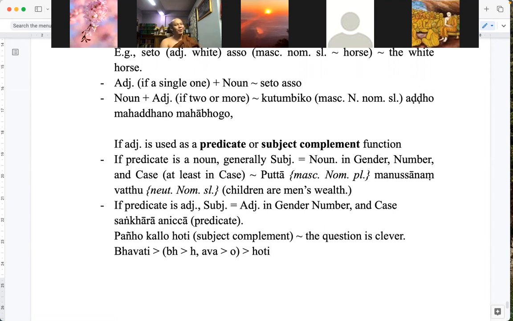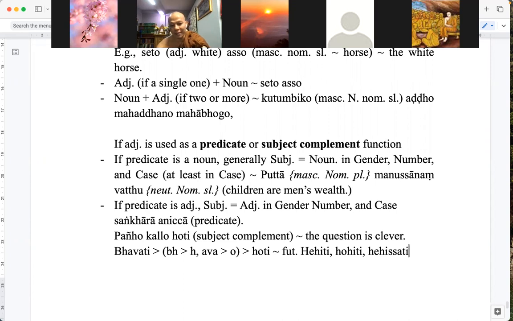Hoti also can be, but it is very complicated, very irregular. That is right. Like this, maybe in the future tense, ho, hehiti, and then hehiti like that.